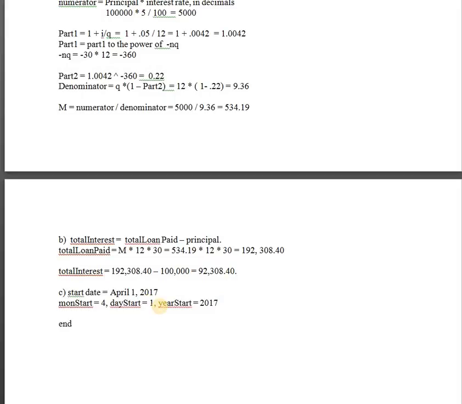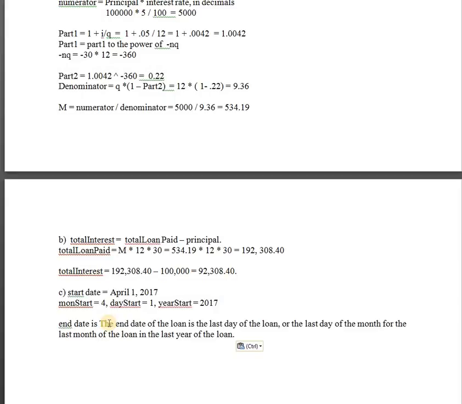The end date, and I've got this straight out of the spec so I don't get it wrong, is the last day of the loan, or the last day of the month for the last month of the loan in the last year of the loan.